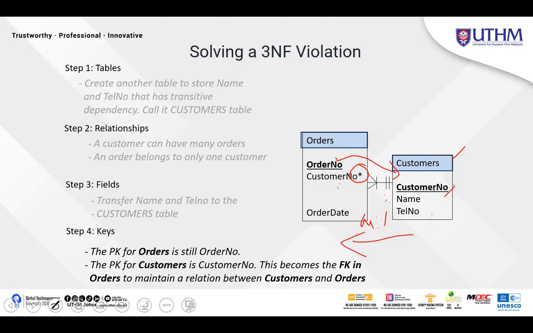When we have a many, we have to put the foreign key inside the many table. If it is a one-to-one relationship, you can put it either way, no issue. But when it's one-to-many, you should put it under the many table. There is no chance of having the foreign key in the one table. That's wrong. So done.